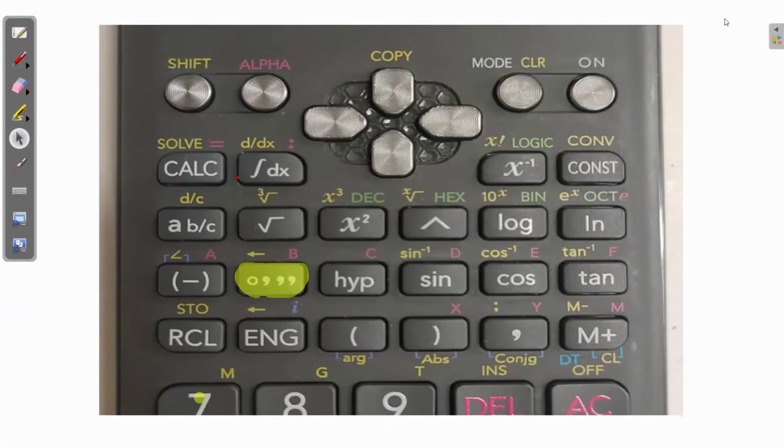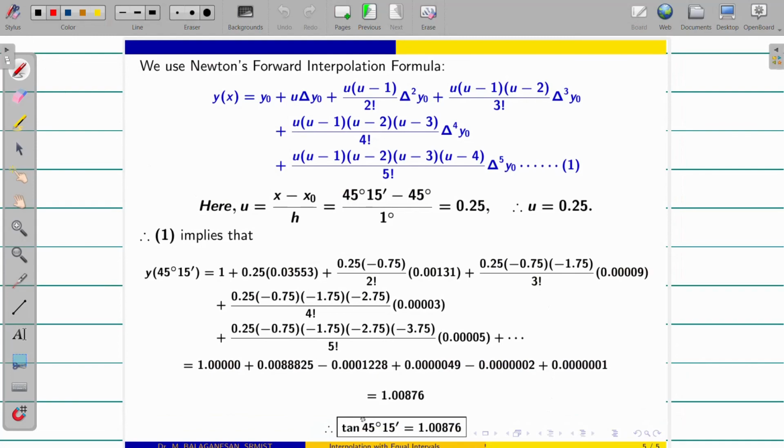As I told you already, tan 45 degree 15 minutes will lie between the first two, so the answer is exactly similar. So this is the way to conclude whether your answer is right or wrong.